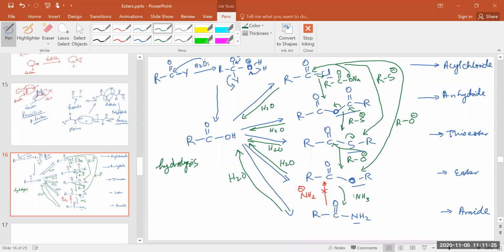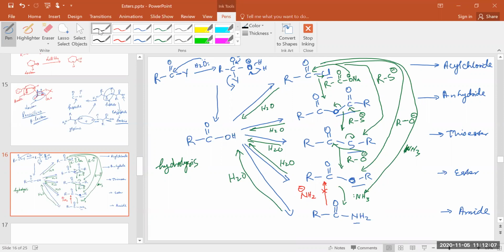Similarly, acyl chloride directly reacts with NH3, NH2 minus, and forms the product. So this is the reactivity pattern: most reactive is acyl chloride, then anhydride, then thioester, ester and amide. You can come uphill to downhill, but not from downhill to uphill. Just remember the reactivity pattern, okay?